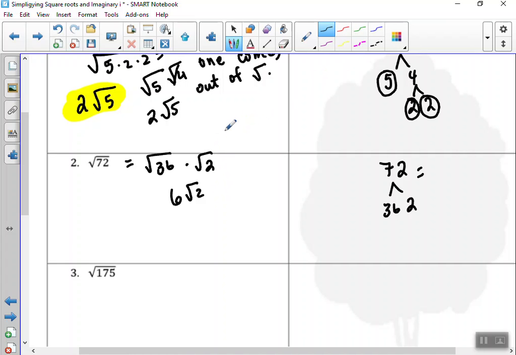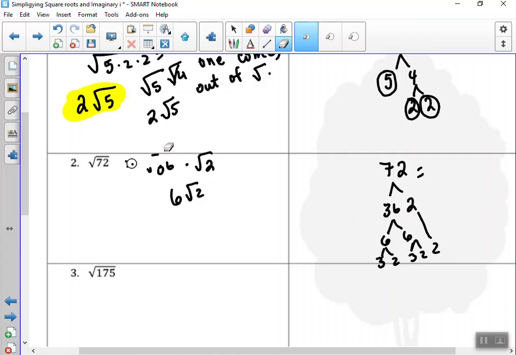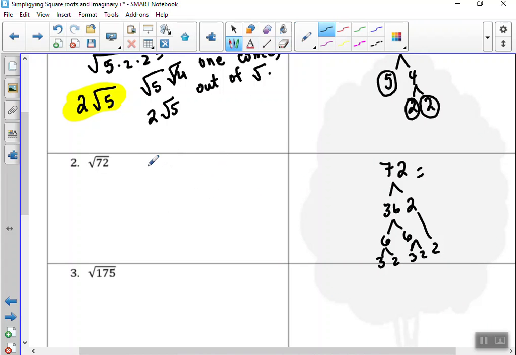But let me do it the other way. I'm going to keep going. 6 times 6, 3, 2, 3, 2, and then you have this 2 here. So I can rewrite this as the square root of 3, 2, 3, 2, and then 2.